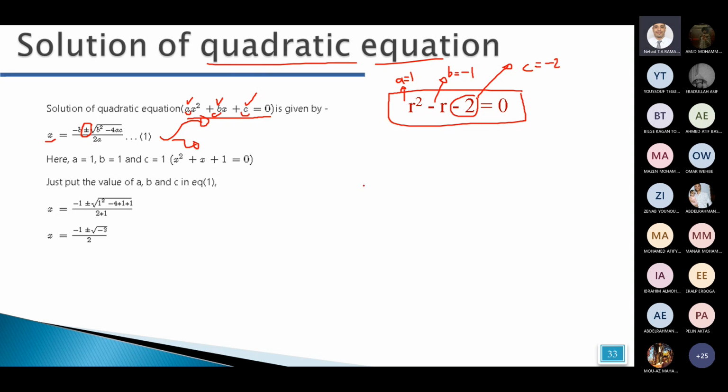Okay, now let's apply this rule. Instead of x we now have r. r equals minus B. Is it B or A? I think it's B, yes.